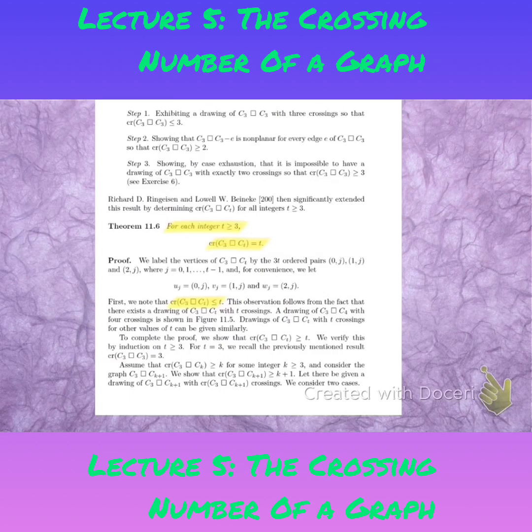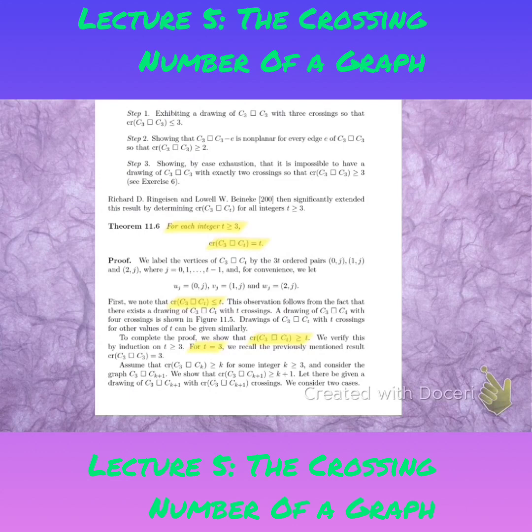Now having established that the upper bound holds, we need to show that the lower bound for the crossing number is at least T. They prove this by induction. For T equals 3, the result is finished, because that is a theorem that's previously stated.